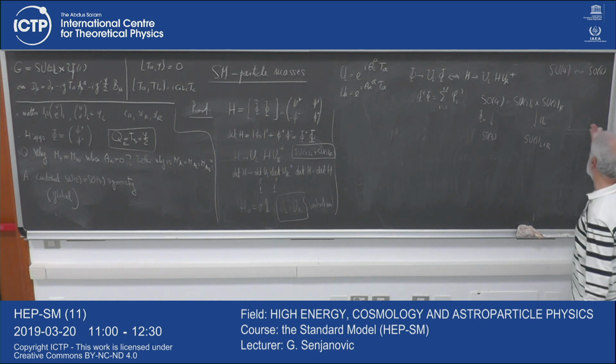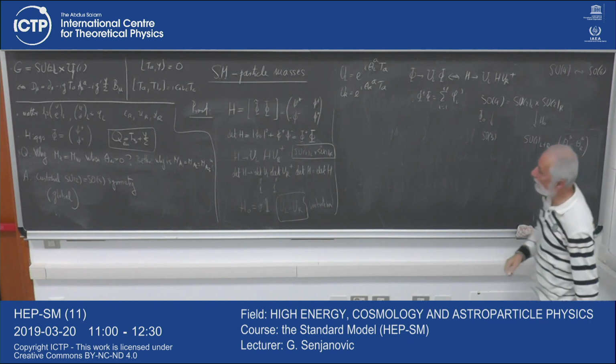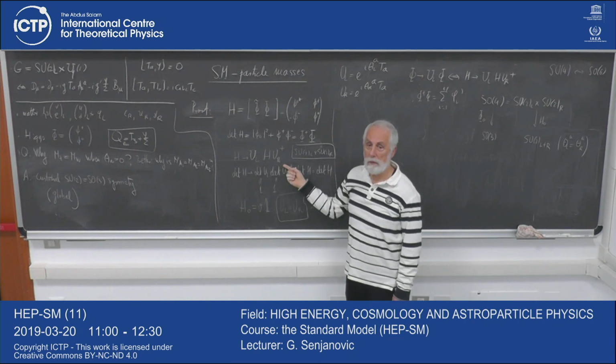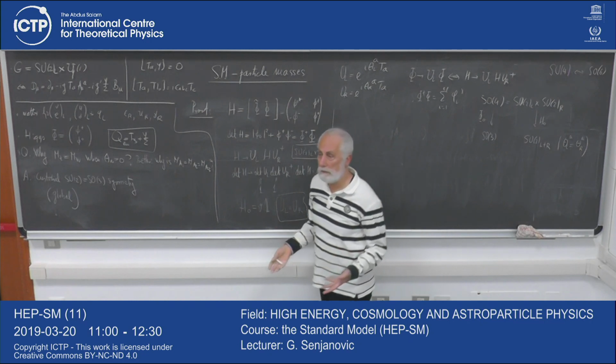By this I mean theta L equal theta R. It's manifest here. Only that will be unbroken. This has to be invariant. The symmetry is unbroken when the vacuum remains invariant.